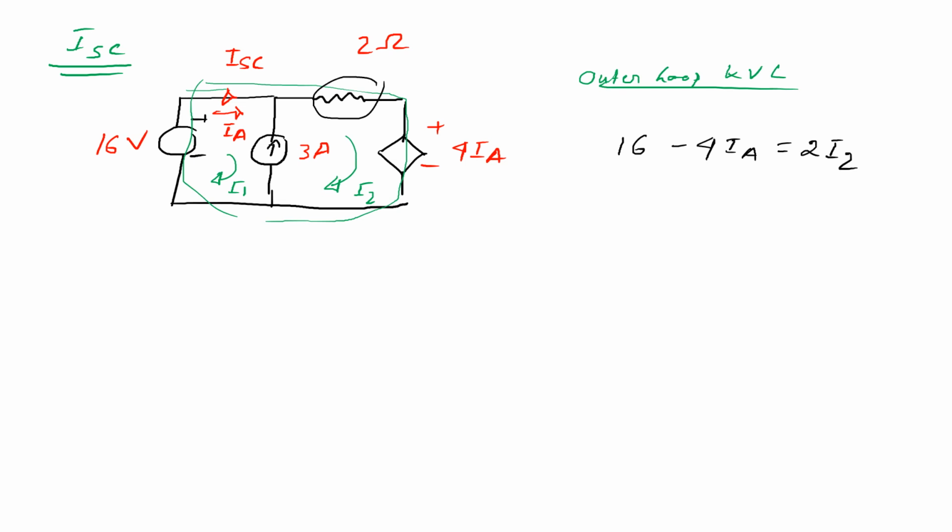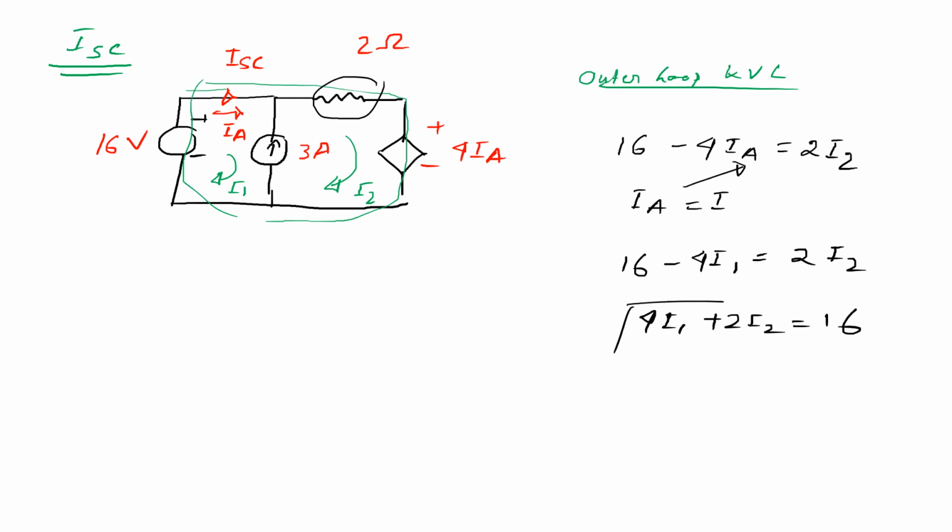Also IA is equal to I1. Now if you replace this, that will be 16 minus 4I1 is equal to 2I2, and if you rearrange this equation, we can write 4I1 plus 2I2 is equal to 16. Say this is equation number 1.